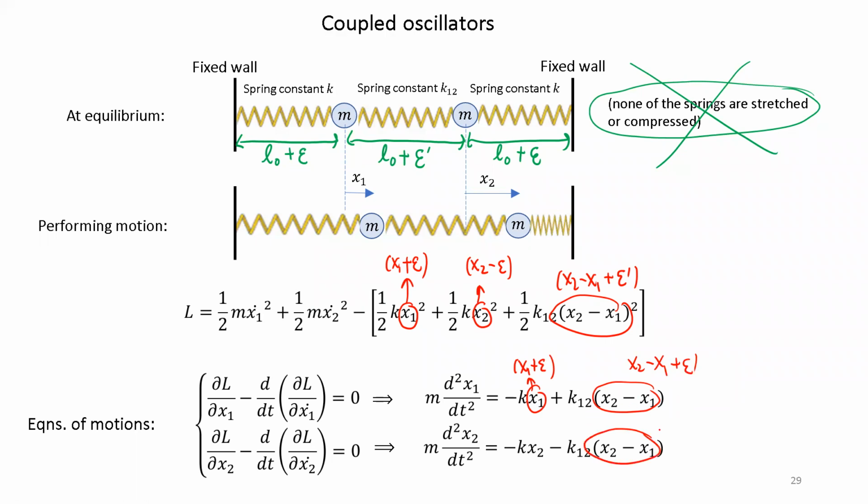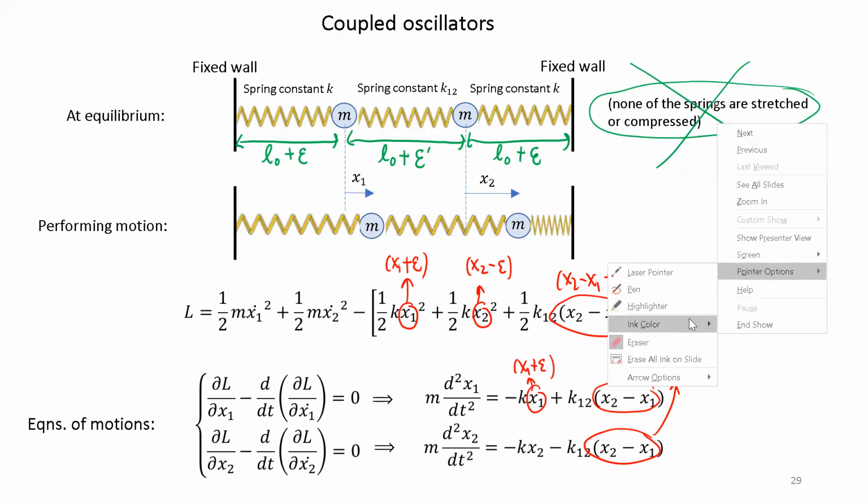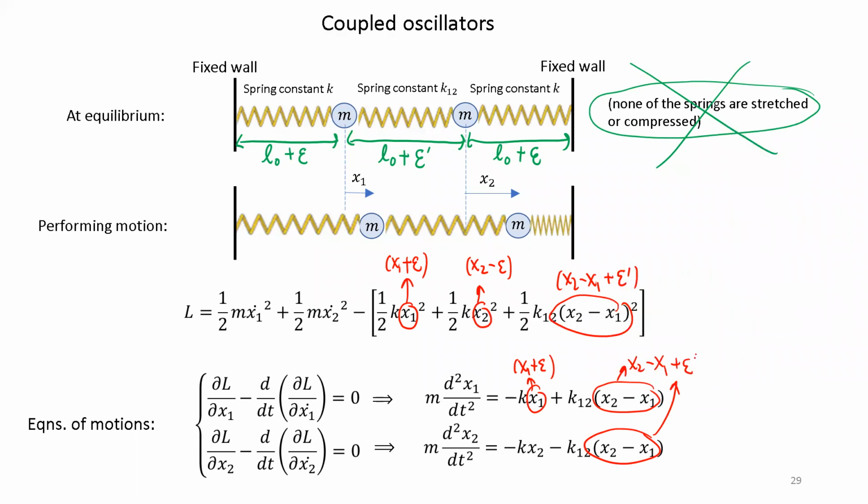And this one also epsilon prime. And then this one would be x2 minus epsilon, right?